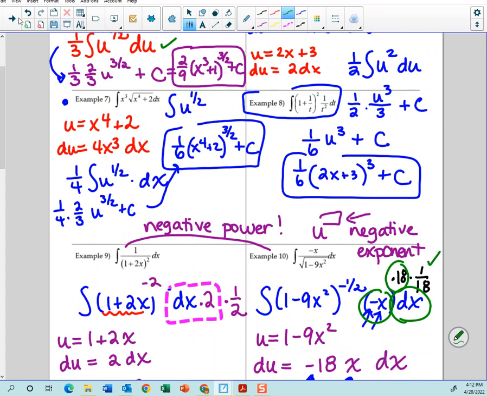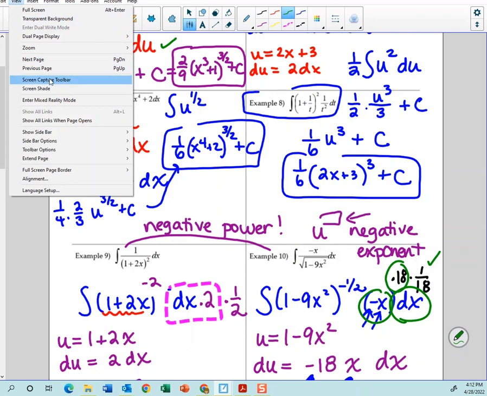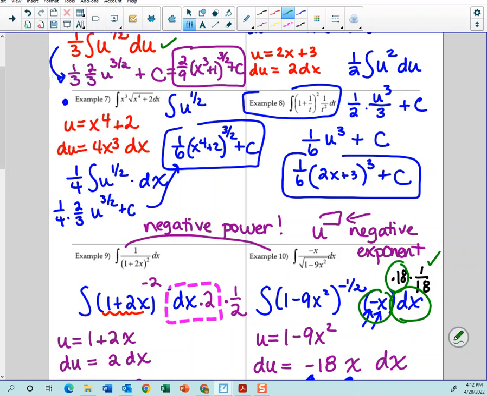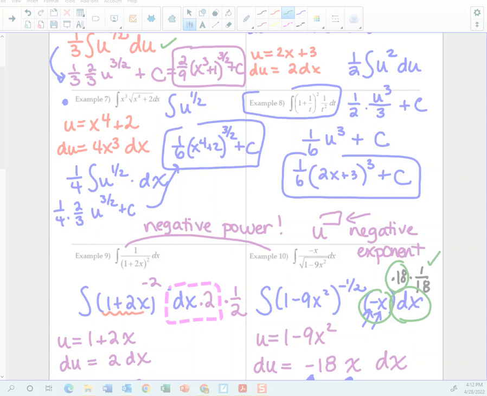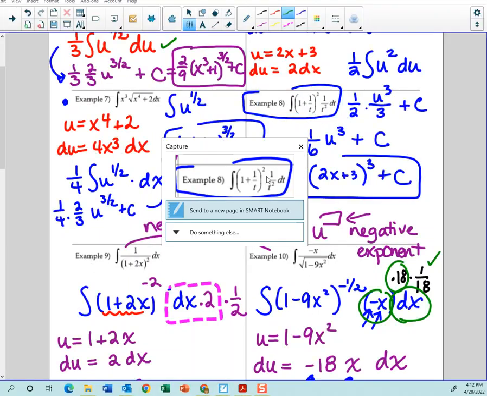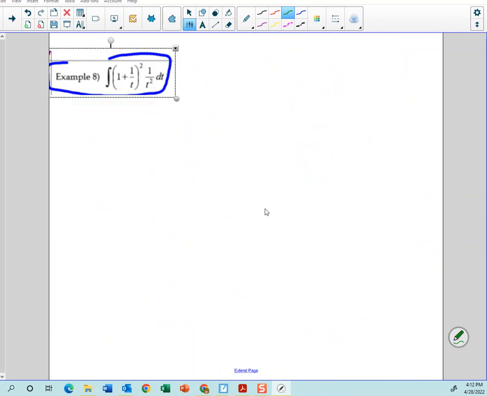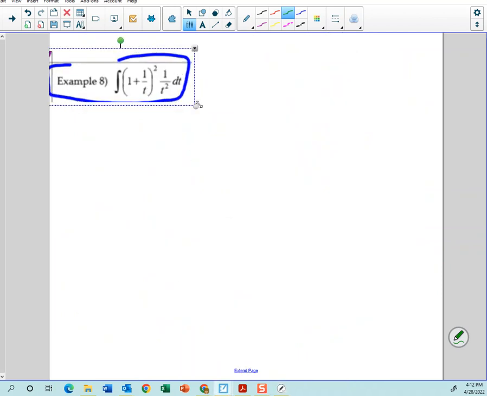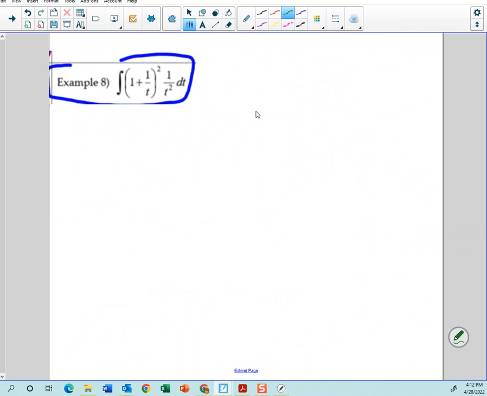Now, the scariest one probably is problem number 8. See if I can grab that real quick. It's not that you have a quotient, but when you go to grab your u, 1 plus 1 over t, you're going to have to write that like that.